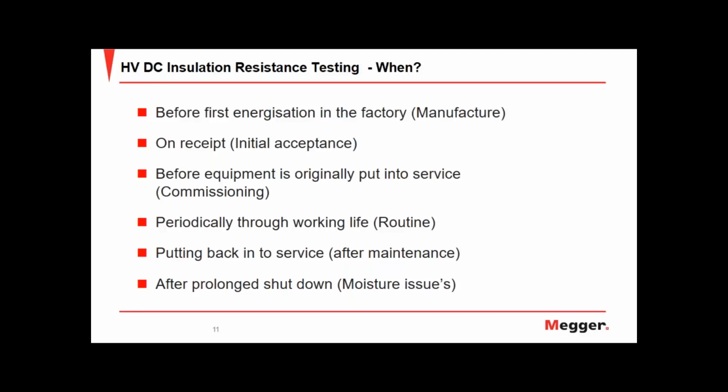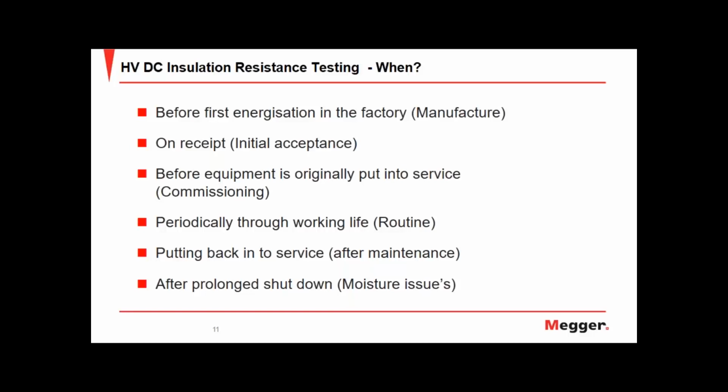Okay. Another time we perform an IR test would be after a prolonged shutdown, maybe in a factory environment where they've been shut down for up to 2 weeks. Everybody's off except for the maintenance engineers, and there'll be a team of engineers assisting them to get stuff done quickly in that 2-week period.